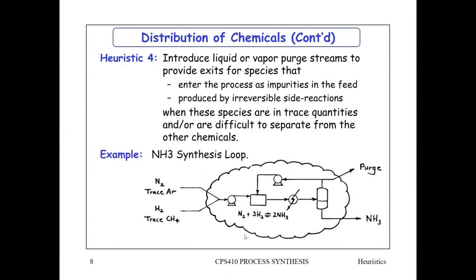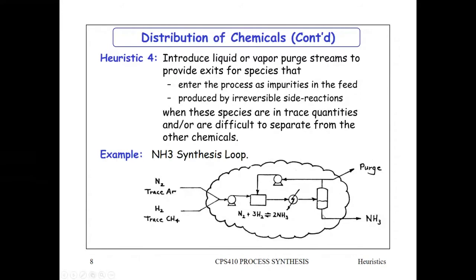Right. So there's the ammonia synthesis loop, and it can be really difficult removing it from the feed material. So we put it into the loop. We're using up hydrogen and nitrogen in this reactor, and therefore the purge contains a nice high concentration of argon.